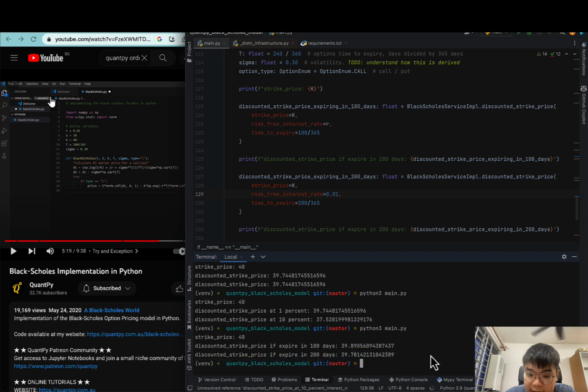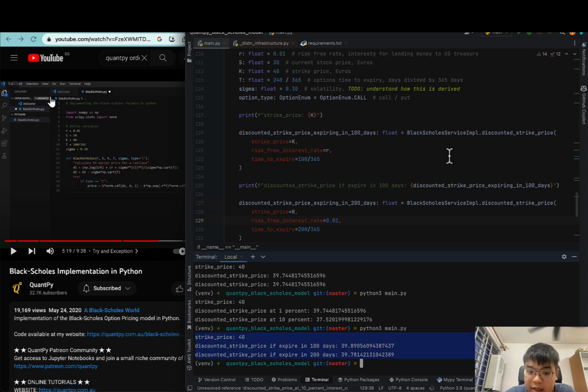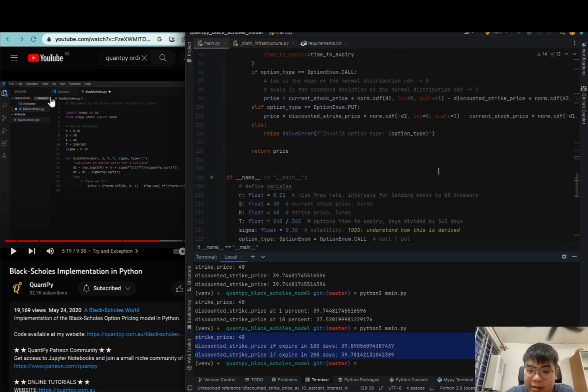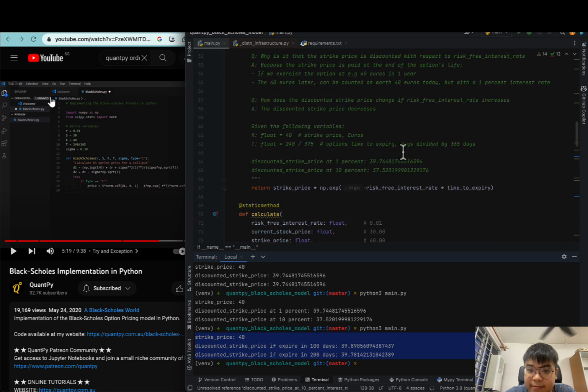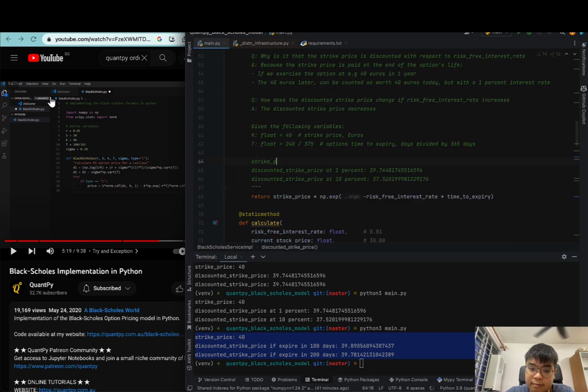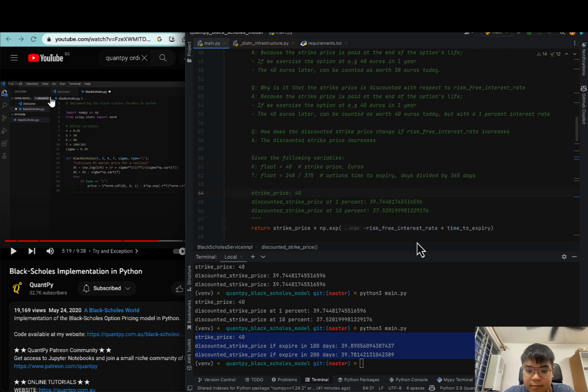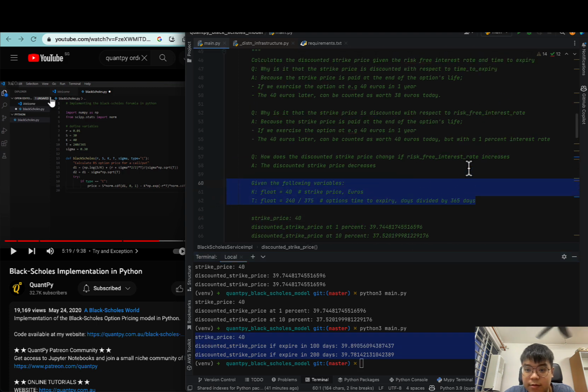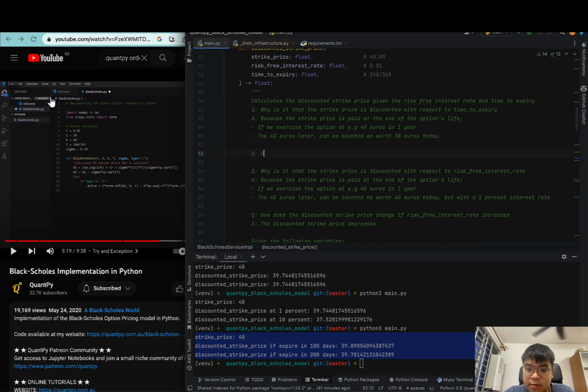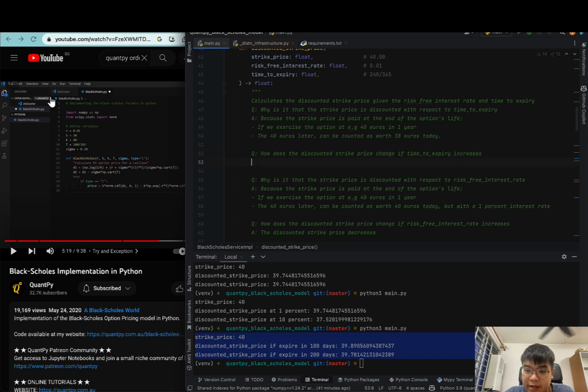Now we see that given this, if time to expiry increases.